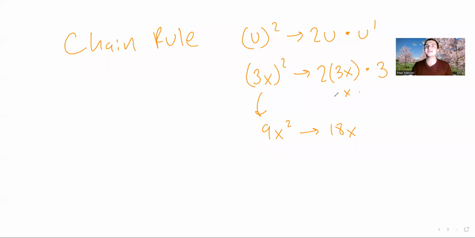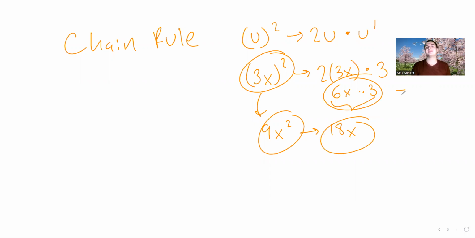But then we take that 6x times 3, and we get 18x. So same function should have the same derivative. It does. So good news for us. The chain rule is you take the derivative of the shell, the outside part, times the derivative of the inside part.